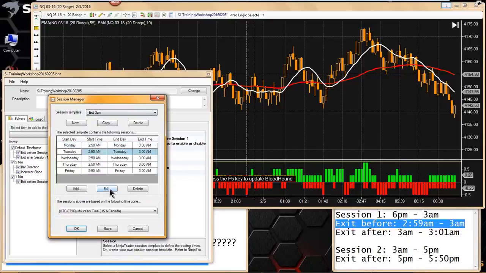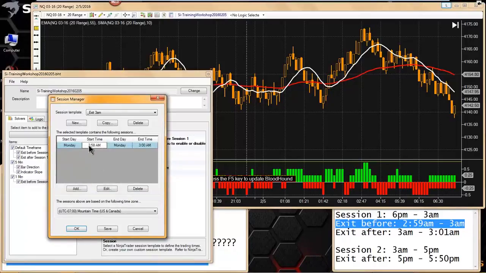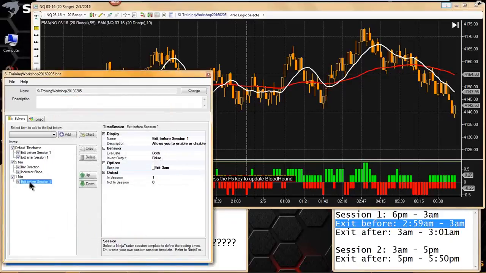Actually, just for the sake of this demonstration, I'm going to set this back to a 2-minute window. So we've got a 2-minute window for this exit signal. We're on the 1 minute chart and we created a 2-minute exit window.